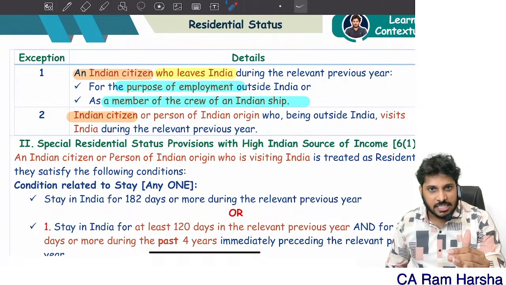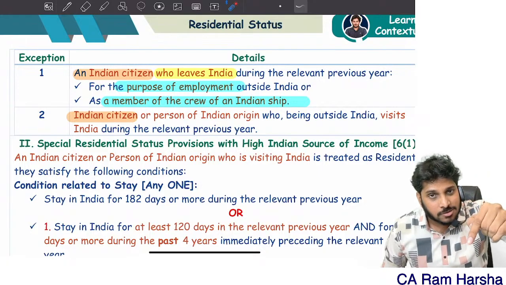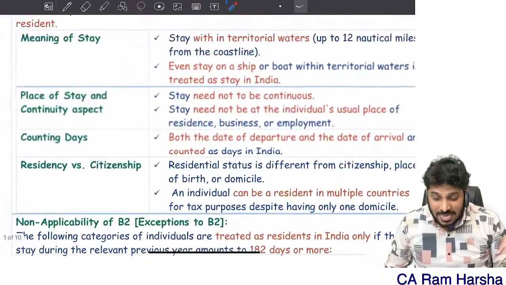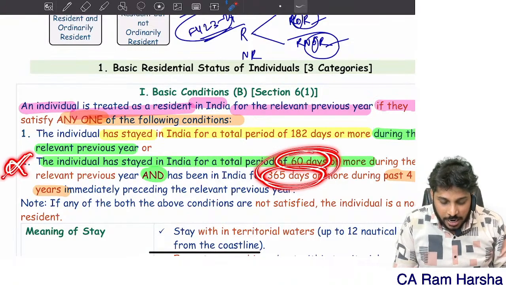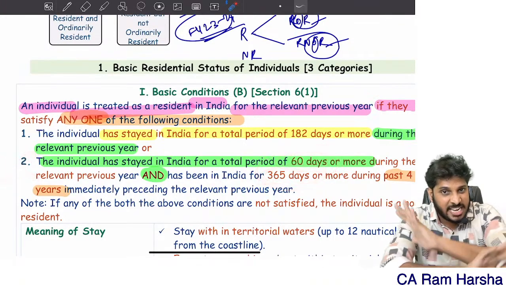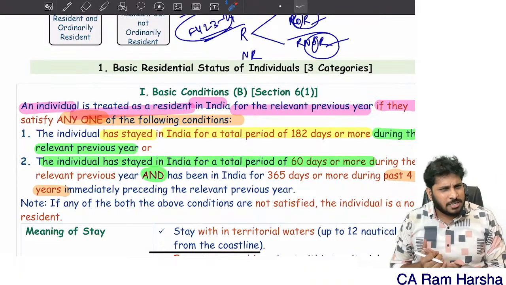If an Indian citizen is leaving India for employment purpose, for him this condition B2, the 60 days logic, 365 days, we will not check, we will not apply. What does it mean?